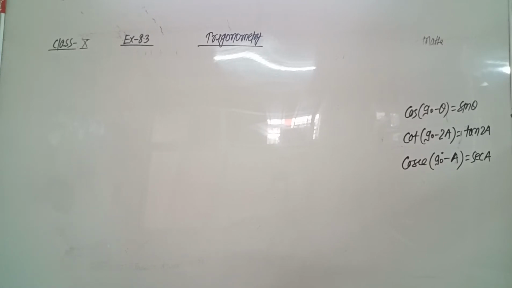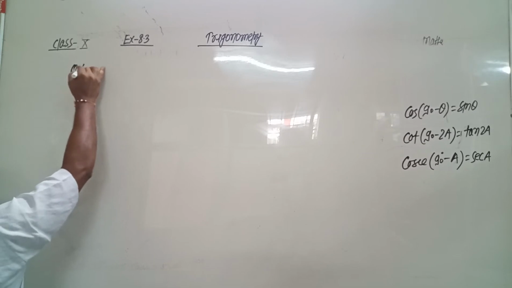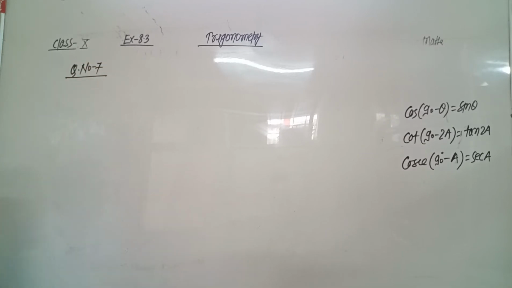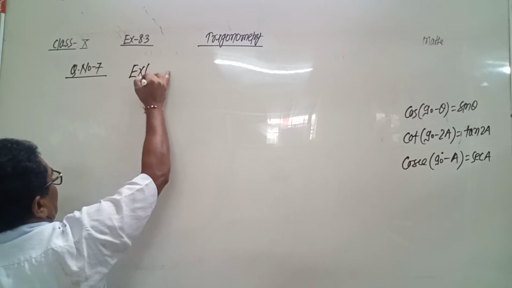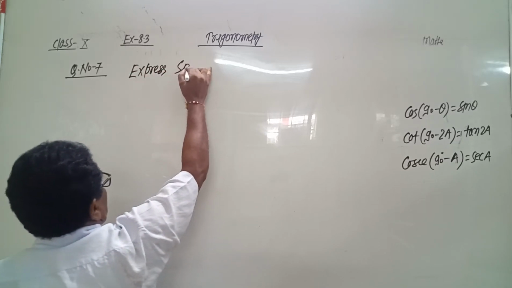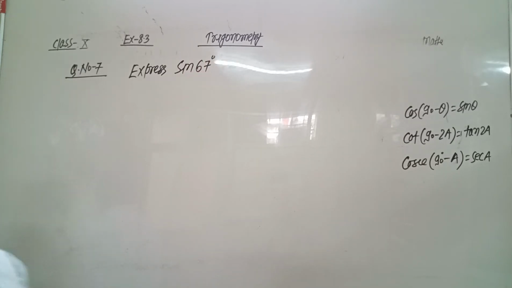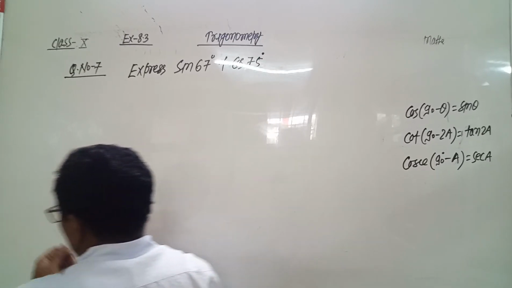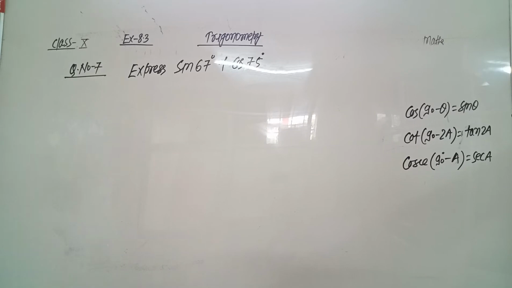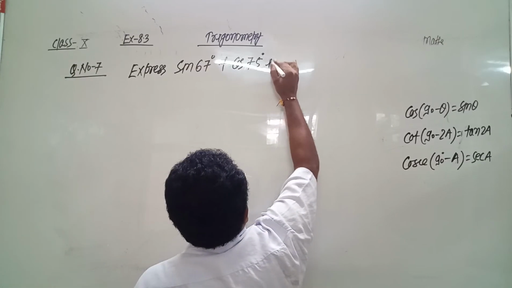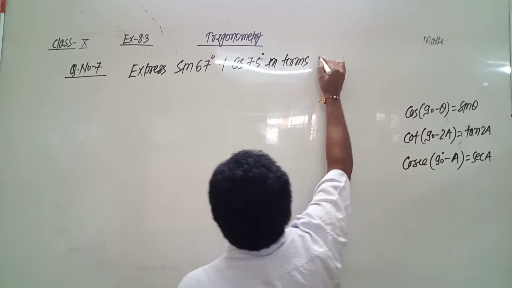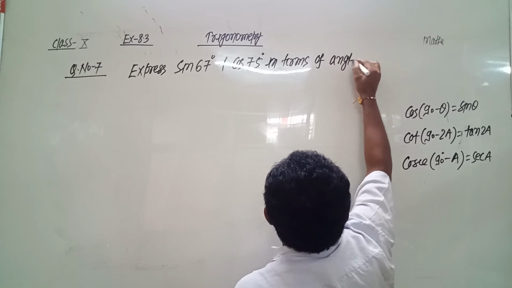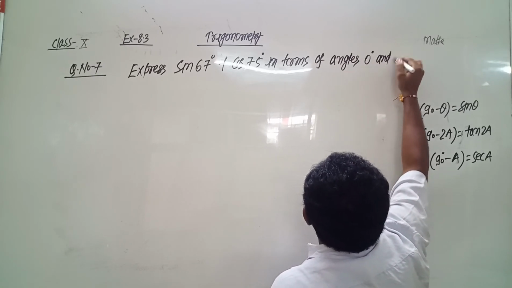Question number 7. Express sine 67 degree plus cos 75 degree in terms of angles 0 degree and 45 degree.